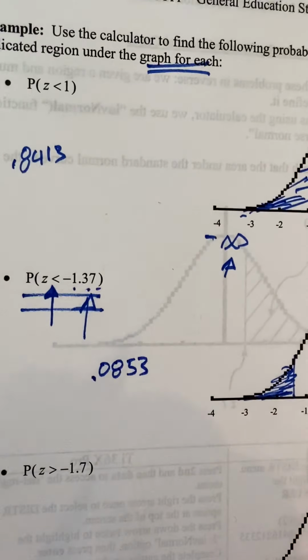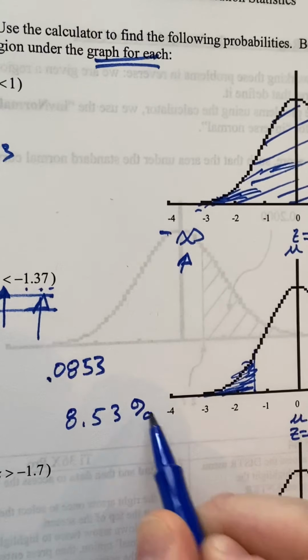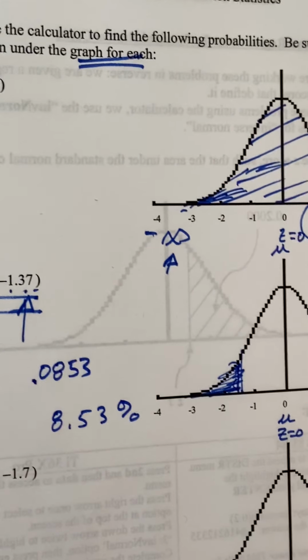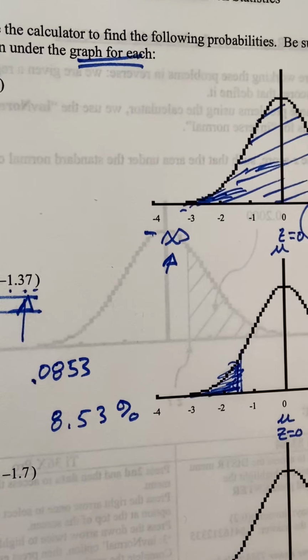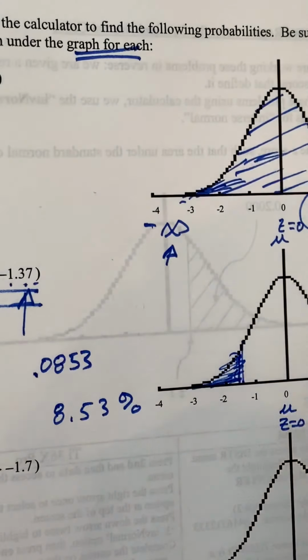What this represents is 8.53% of the area lives to the left of 1.37 standard deviations below the mean. Anybody have any questions? I didn't think you would.